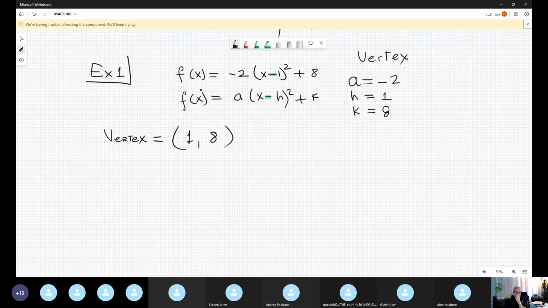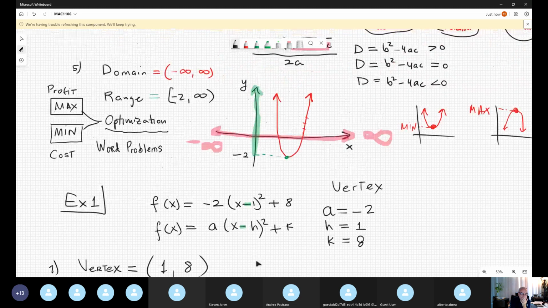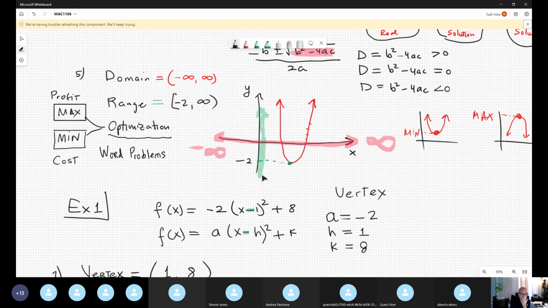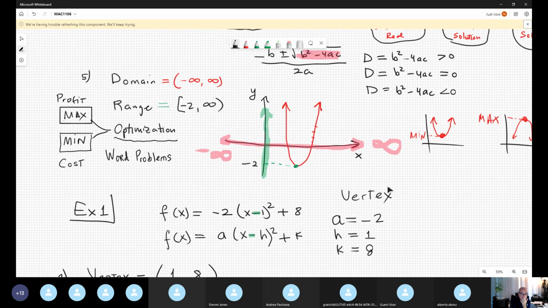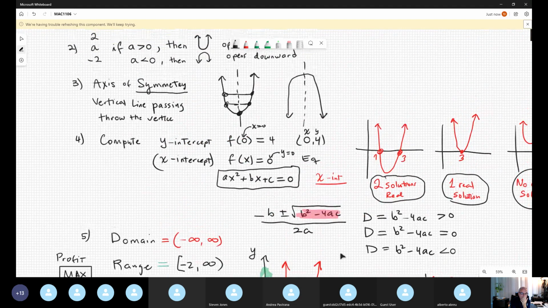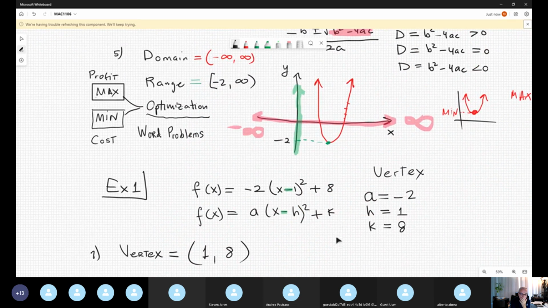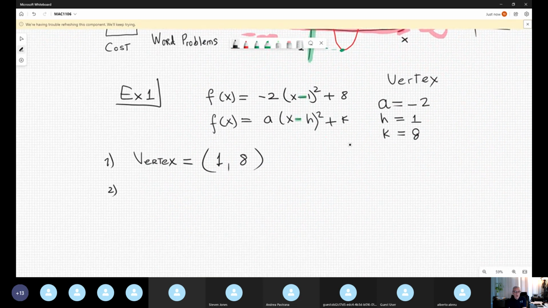Okay. My first step. What is my second step? In what direction does it open, no? What do you think about in what direction the parabola opens?